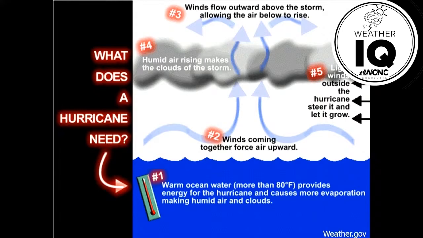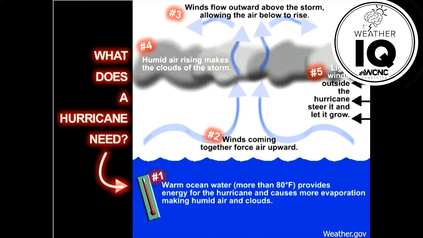If the wind shear is too high, so the wind shear basically, wind speed is different at different levels of the atmosphere, wind direction also. So if the wind shear is very strong, then it could tear these storms apart, right? So it likes light winds outside of the hurricane to help steer it and also to let it grow.